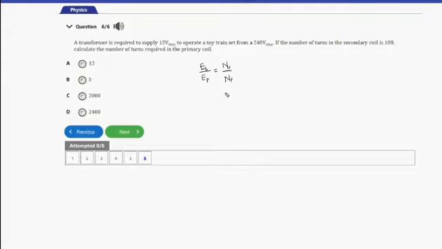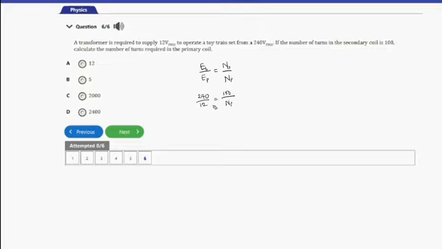So when we do this, we are going to plug in the values for each of these. Starting with the voltage E for the secondary coil, that's 12 volts, over that of the primary coil, which is 240 volts. Then this is equal to the number of turns of the secondary coil, which is 100, over that of the primary coil, which is not given.